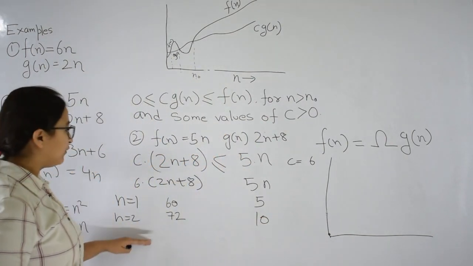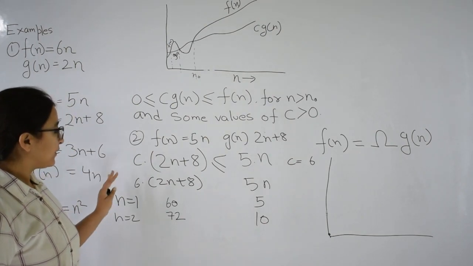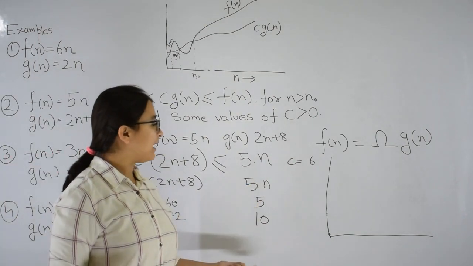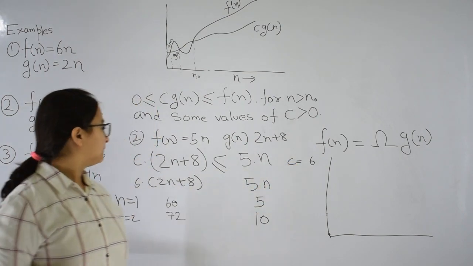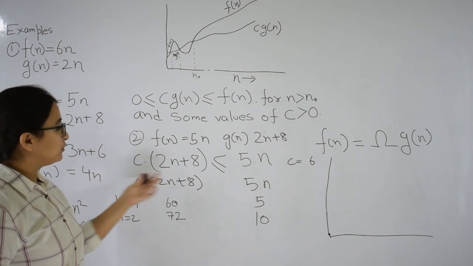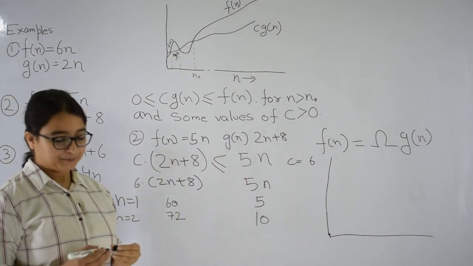And you can try it for other values of n and you will see that this will not be satisfied for any value of n when c is equal to 6. Even for n is equal to 0 in this case you will not be able to satisfy it because there is an 8 over here.